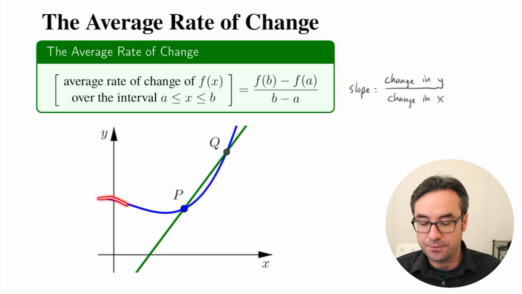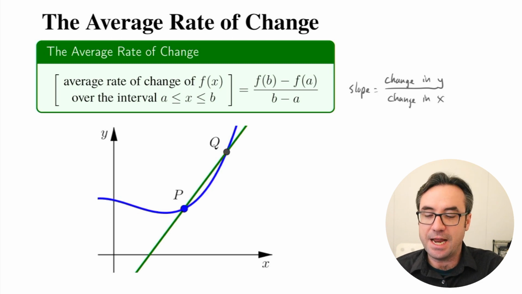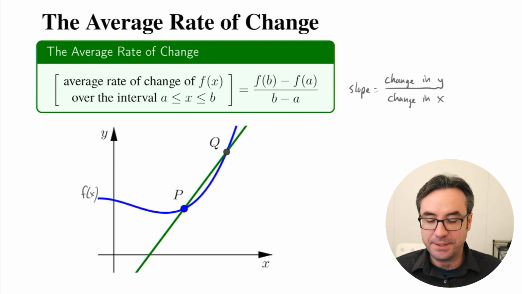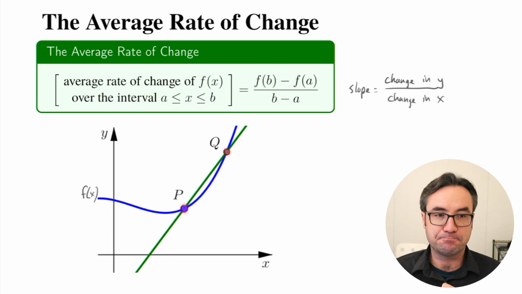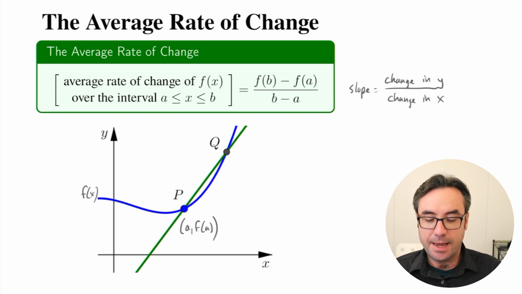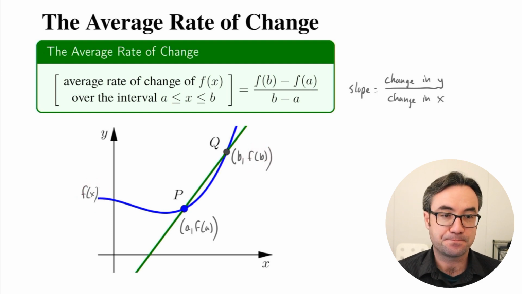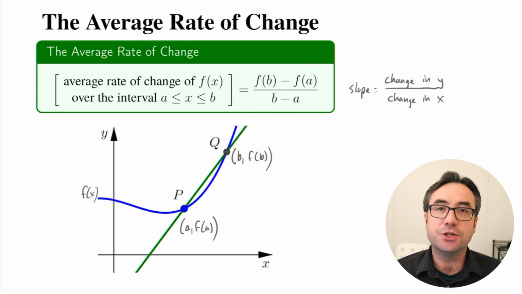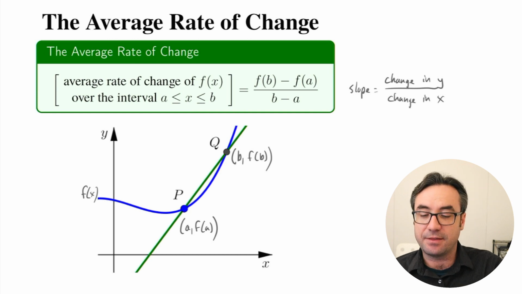So if we had a curve, this was our function f of x, and then we had 2 points on that curve, point P and point Q. Well, if point P had coordinates a comma f of a, and point Q had coordinates b comma f of b, and we know the y coordinate is just whatever the function value is there, well then this average rate of change is just the slope of this secant line.